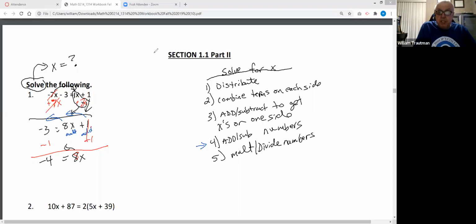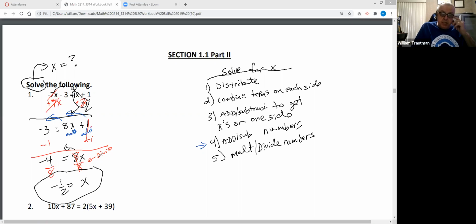The opposite of multiplying by 8 is dividing by 8. 8 divided by 8 is 1x. Another way of writing 1x is just x. -4 divided by 8 is -1/2. You can put that in your calculator and you get -1/2. It reduces it for you. That's the answer.